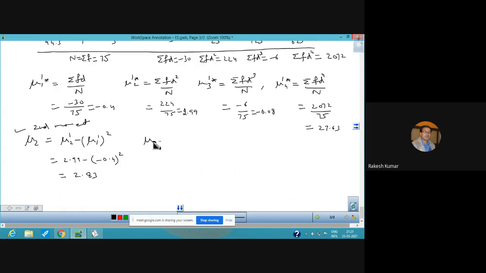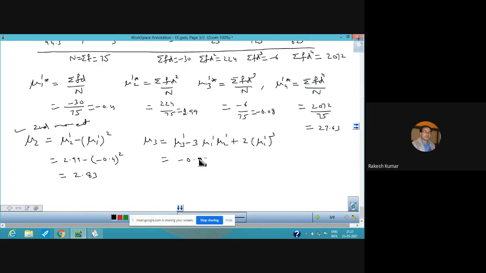Similarly, we can calculate the third moment mu3, and the formula is mu3 dash minus 3 mu1 dash mu2 dash plus 2 times mu1 dash whole cube, and put the values here.